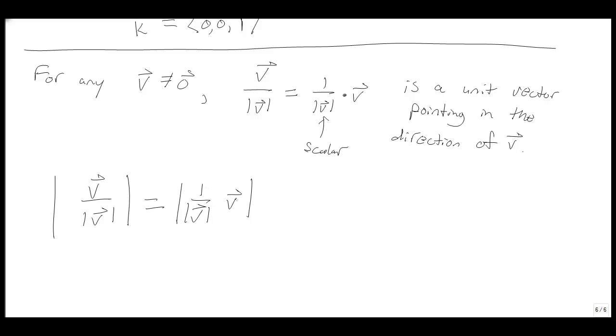If I have a scalar times a vector, this might take some convincing, but I can essentially factor the 1 over magnitude of v out of the magnitude. And then I'm left with, inside of the magnitude, just v. So this step here you need to convince yourself of. But then I just get magnitude v over magnitude v. I do in fact get 1 there. And because this is a scalar multiple of v, this is a unit vector in the same direction as v.